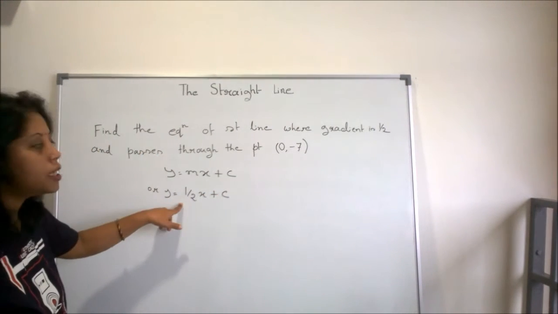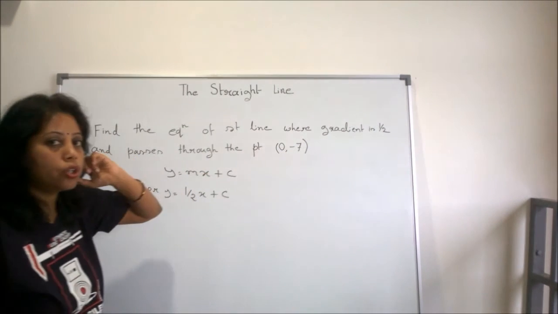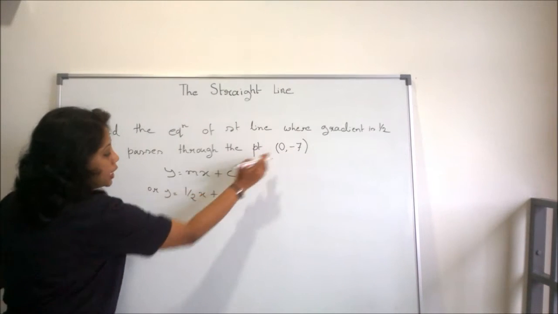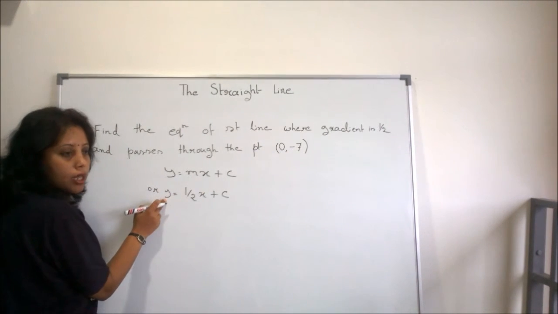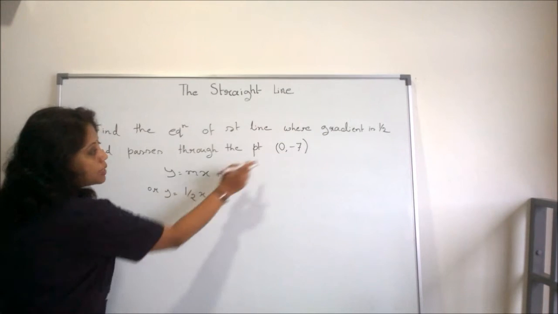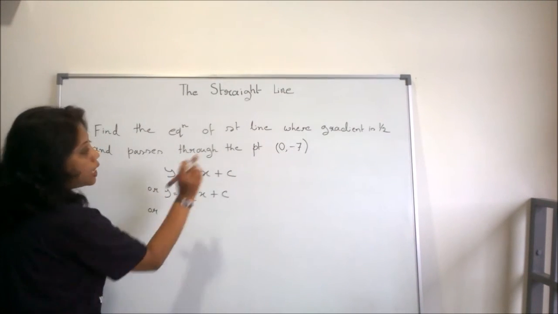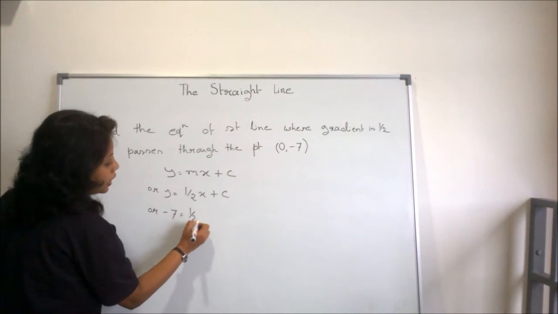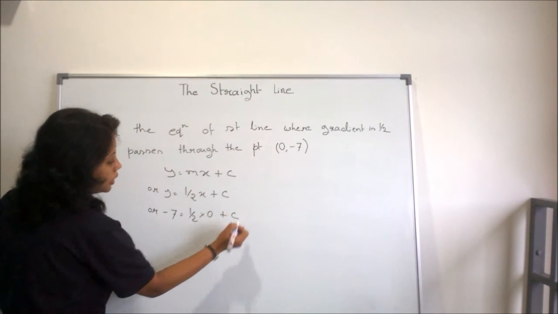Now this line passes through the point 0, minus 7. So here in that line we will put 0 in place of x and minus 7 in place of y. Okay, as this line passes through that point, so in place of y we will put minus 7, half in place of x, this is 0 plus c.